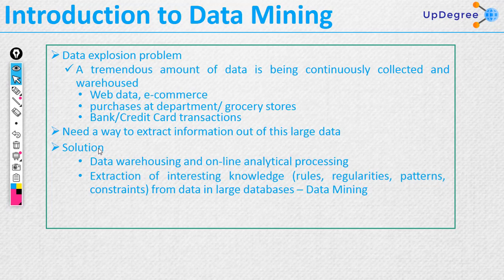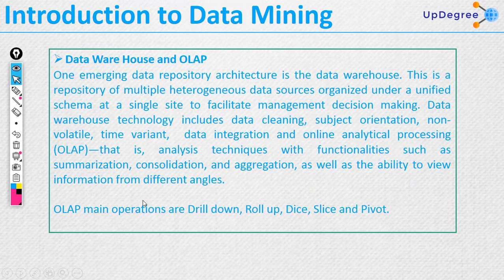The solution here is data warehousing and online analytical processing, and the extraction of interesting knowledge like rules, regularities, patterns and constraints from the data in large databases. These are the interesting knowledge that will be obtained through data mining. Now, data warehouse and OLAP. What is the full form of OLAP?